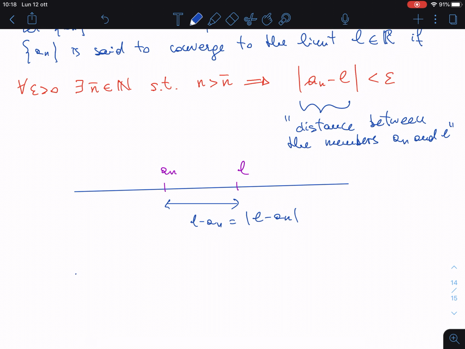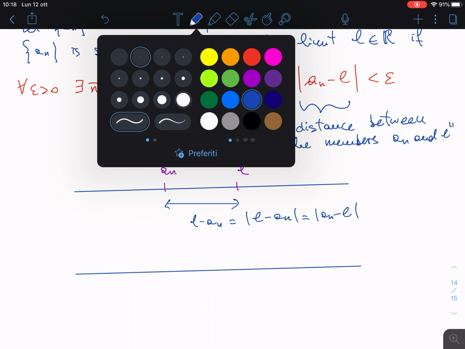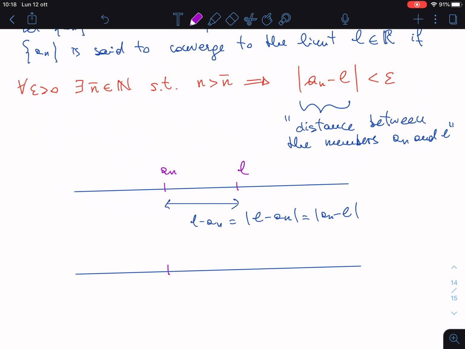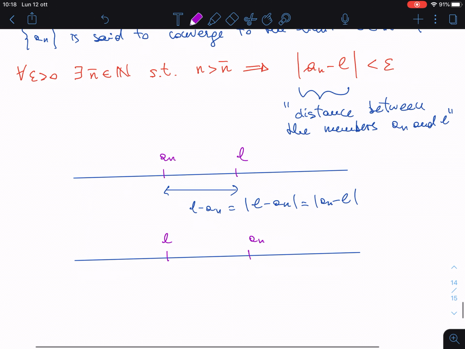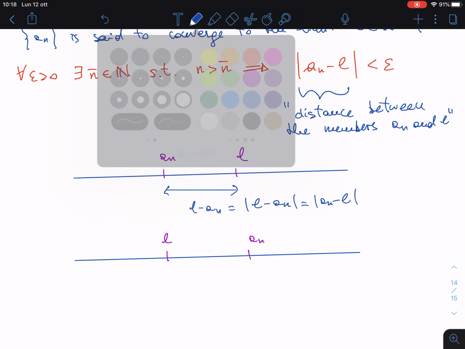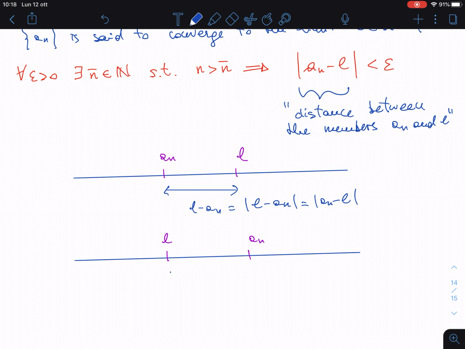Vice versa in the other situation. So this is also the modulus of an minus L. The other situation is the following. Here you have L, here you have an, and again you have an minus L, and this is again the modulus of an minus L.